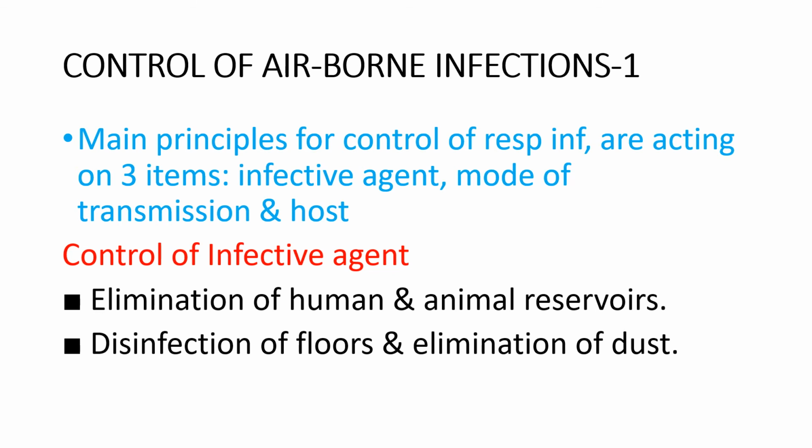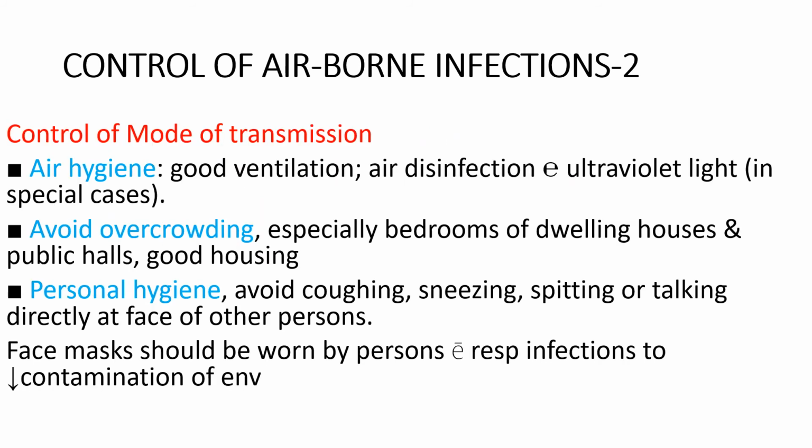Control of airborne infections. Main principles for control of respiratory infection are acting on 3 items: infective agent, mode of transmission, and host. Control of infective agent: elimination of human and animal reservoir, disinfection of floors, and elimination of dust. Control of mode of transmission: air hygiene through good ventilation, air disinfection with ultraviolet light in special cases.